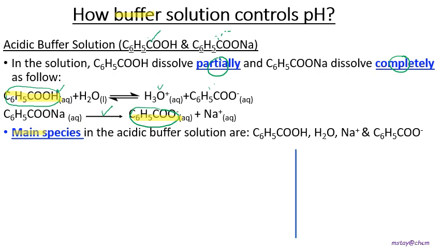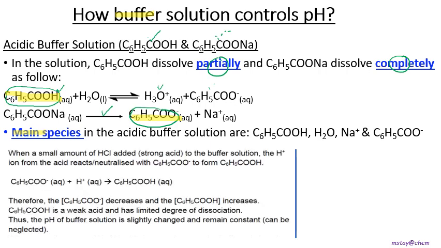So if we add HCl into the buffer solution, the H+ from the HCl that we added in has two options: it will react with either C6H5COOH or C6H5COO-.